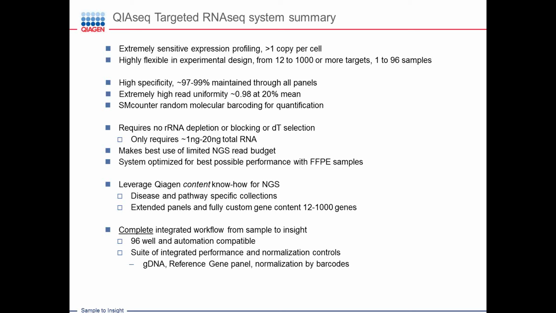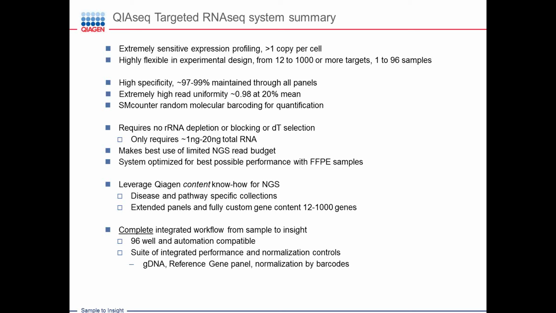It's extremely flexible in design, letting you look at 12 targets to 1,000 targets or more from 1 sample, and that should actually read to 384 samples. Specificity is maintained, so you're not wasting read budget on off-target things. The uniformity of the assays is difficult to see in RNA, but we know that it's extremely high. So the assays work extremely well together.